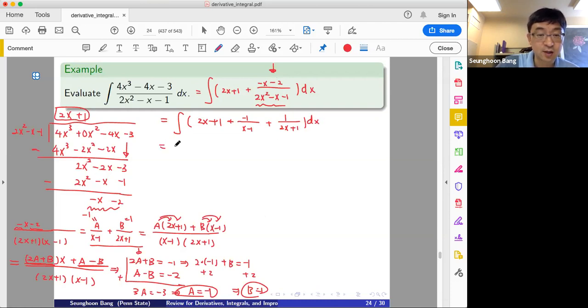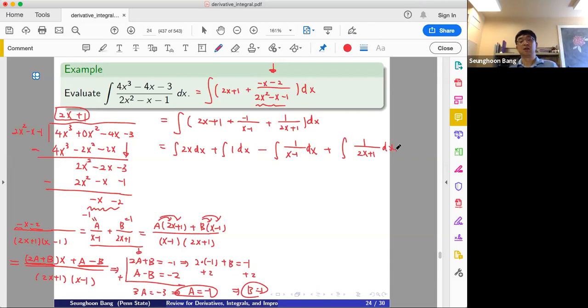You can split the integral: 2x dx plus integral 1 dx minus integral 1 over x minus 1 dx plus the integral 1 over 2x plus 1 dx.